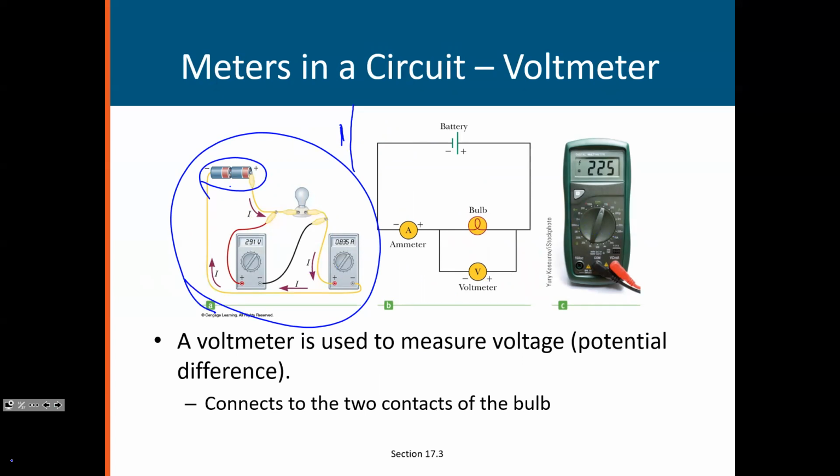So we have the battery here. And this is how the bulb is represented, a circle with a wire inside. An ammeter is a circle with the letter A, so we know it is an ammeter. A voltmeter is a circle with the letter V.